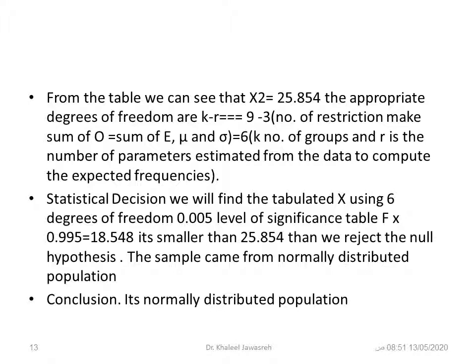And this 18.5 is smaller than the value that has been calculated for chi-square, and as I told you, if it is larger than the tabulated chi-square value, it means we will reject the null hypothesis. The samples came from a normally distributed population. The conclusion is that it is a normally distributed population.